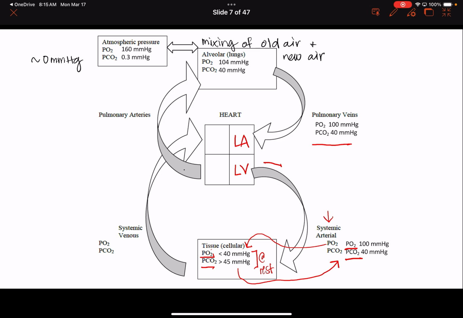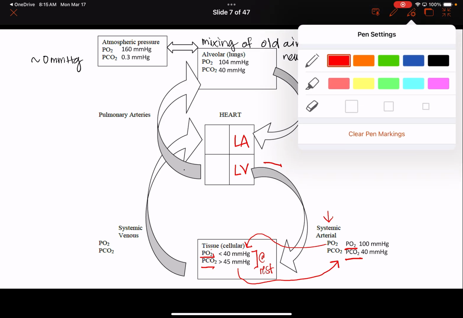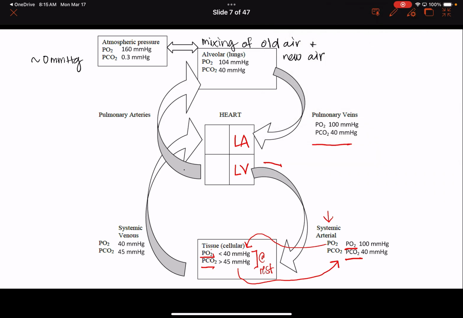Okay. When we get to the other side, our partial pressures are going to change, because we did have 100 for O2 and 40 for CO2 over here, but we just dropped off some oxygen, so oxygen should drop, and we just picked up some CO2, so CO2 should be higher. So when we're on the other side of that capillary bed, on the venous side, at our systemic veins, our PO2 has dropped to 40, and our PCO2 has increased now to 45.